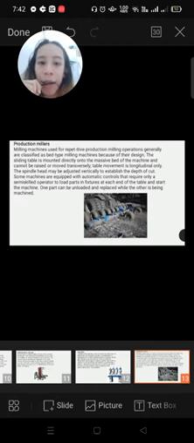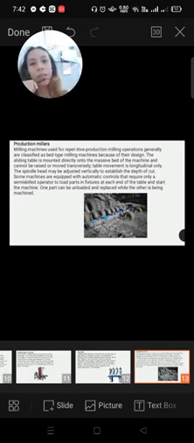Table movement is longitudinal only. The spindle head may be adjusted vertically to establish the depth of cut. Some machines are equipped with automatic controls that require only a semi-skilled operator to load parts in fixtures at each end of the table and start the machine. One part can be unloaded and replaced while the other is being machined.